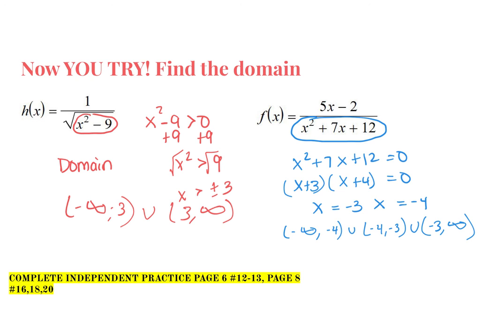I could have also used set builder notation. I could have said x such that x does not equal negative 3, x does not equal negative 4, where x is an element of the real numbers.